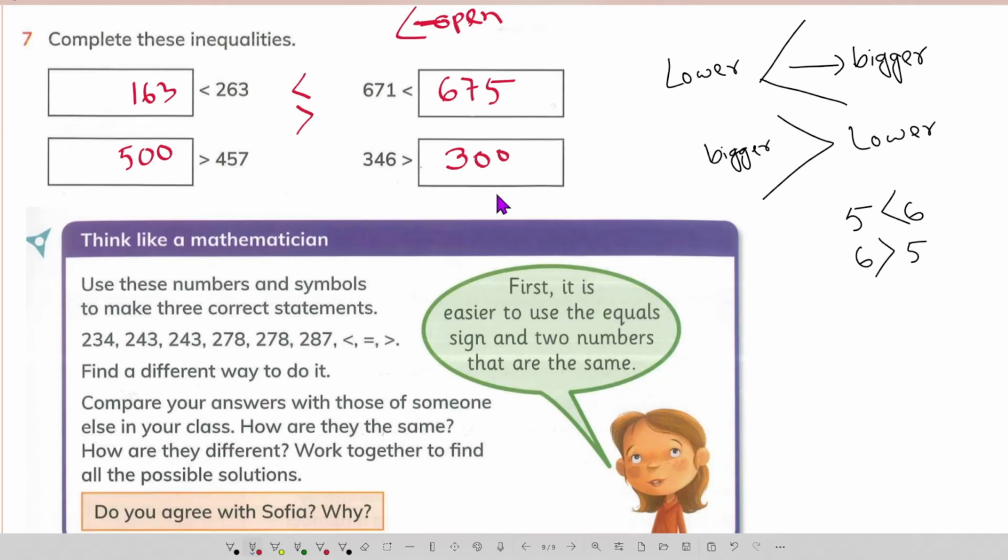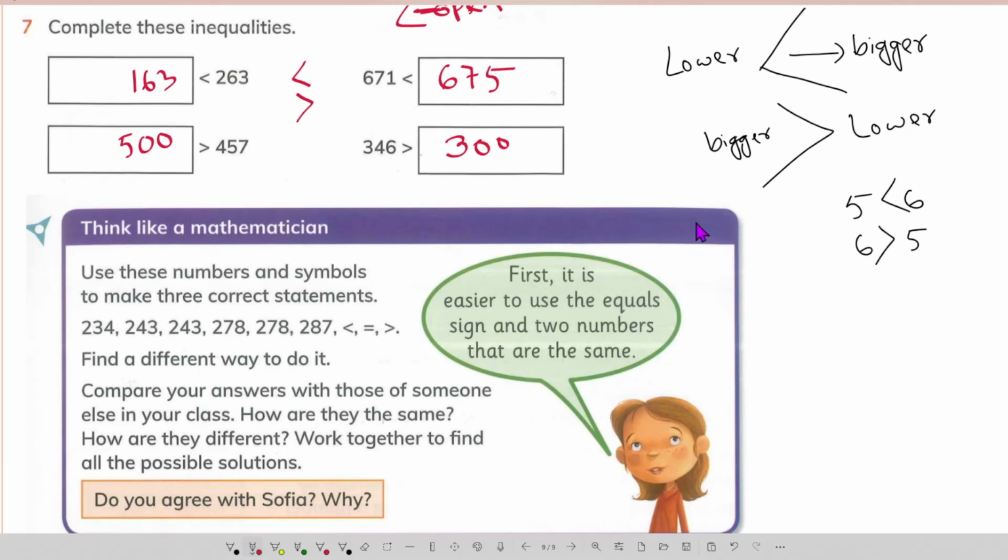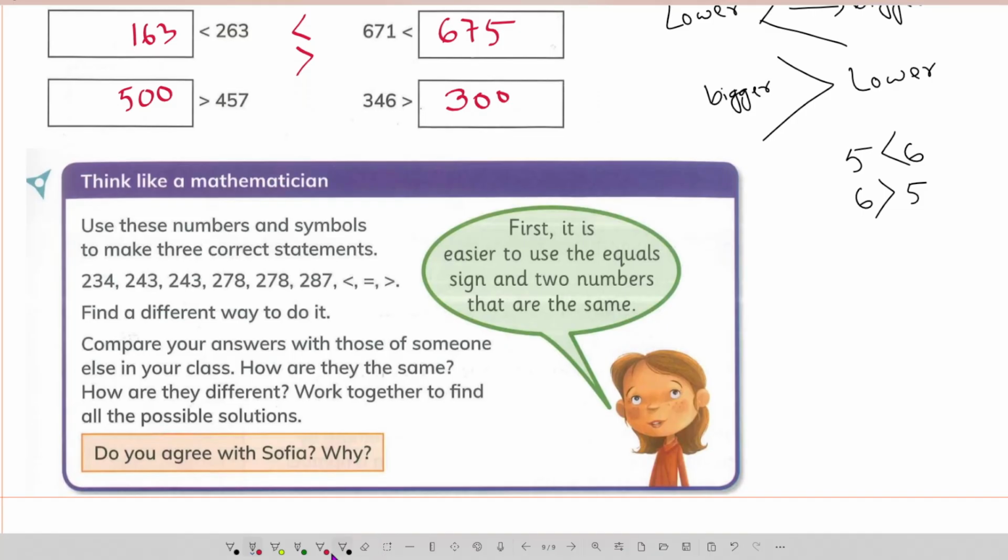Now think like a mathematician. Use these numbers and symbols to make 3 correct statements. Here we have 234, 243, 243, 278, 278, 287, and we will use these 3 symbols.